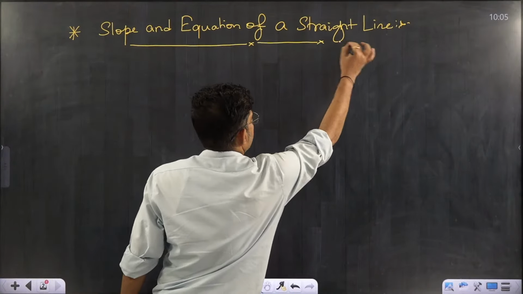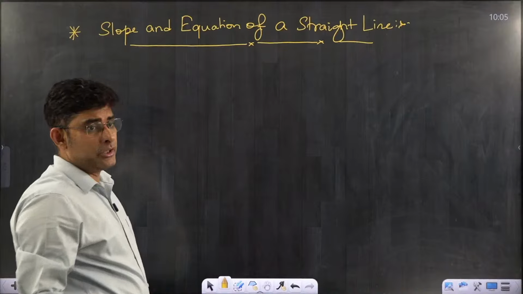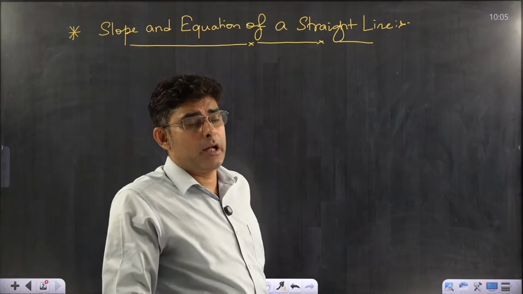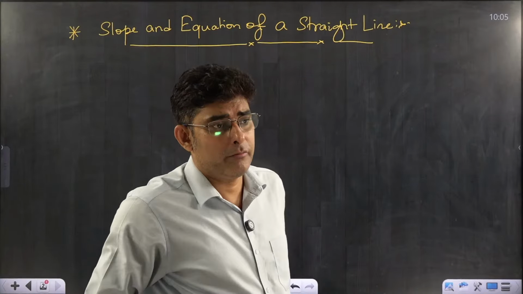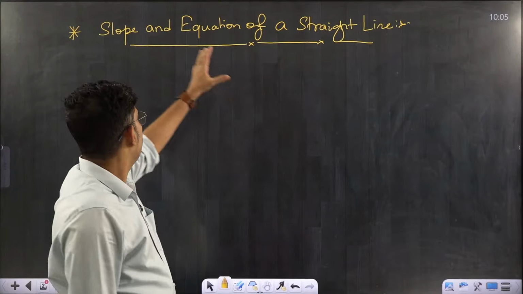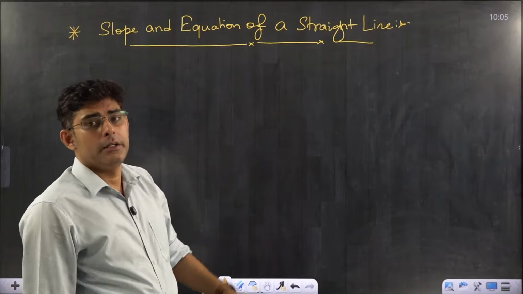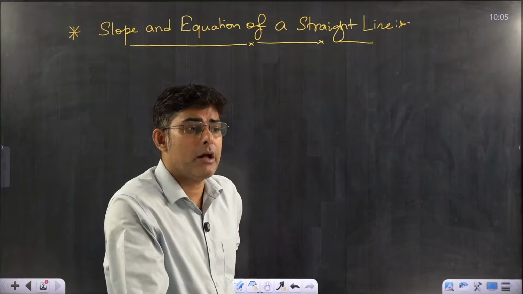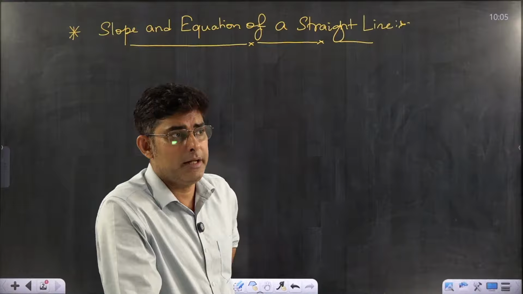So this also is very important. Why is it important? Because in physics we will be seeing a lot of graphs, and many graphs will be in the form of straight lines. So if you know the equation of a straight line, if you know the slope of a straight line, then it will help you in solving graphical questions very easily, right?